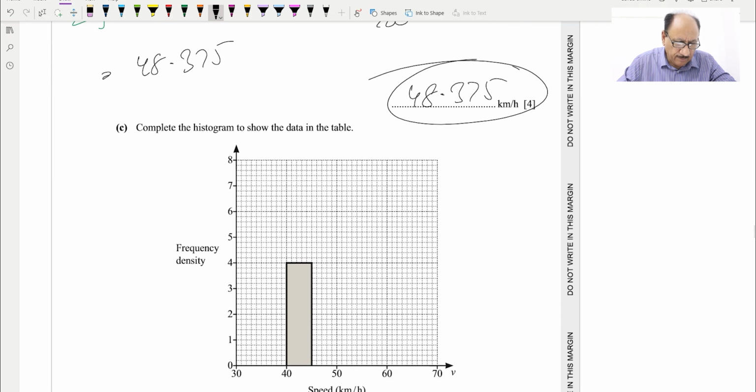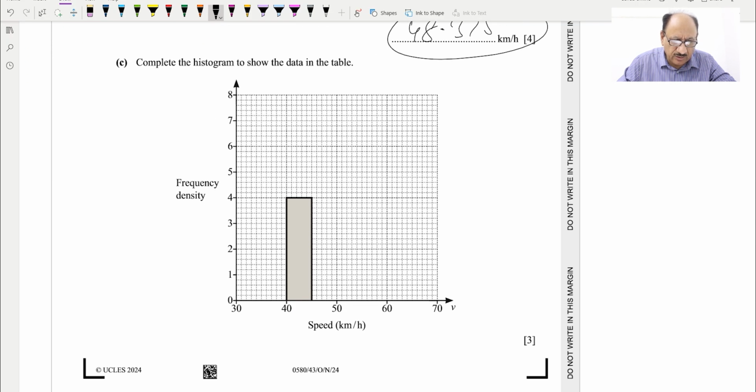And next, we need to complete the histogram to show the data in the table.